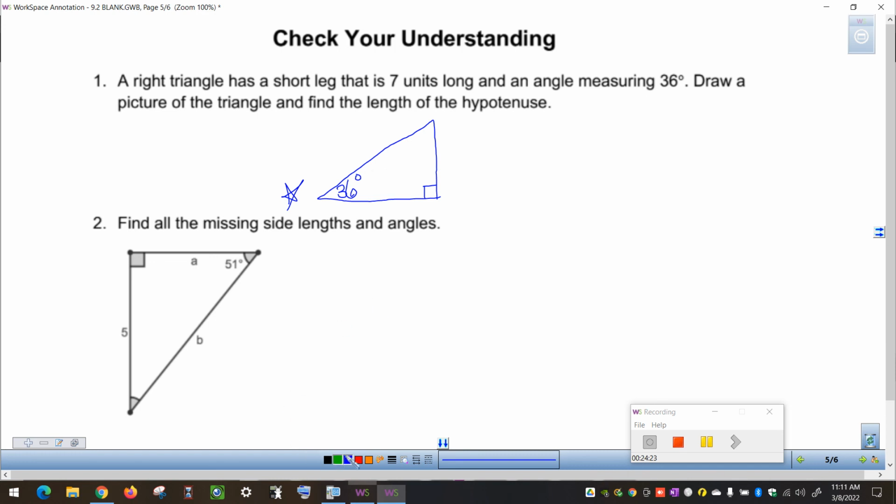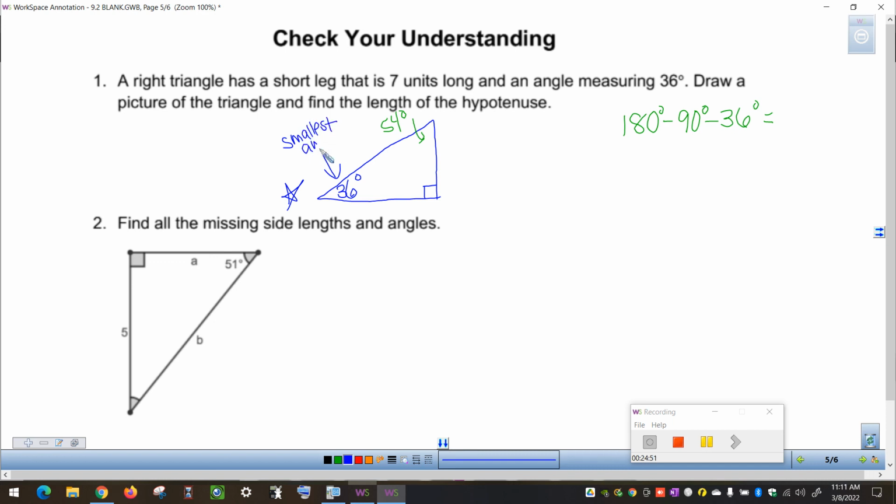Because if we think about subtracting from 180, we'll subtract our 90-degree angle that's a given because it's a right triangle, we'll subtract our 36-degree angle, and the resulting angle, I think it's 54, just double check that. Yeah, it's 54 degrees here at the top. So just by doing that quick check, we can see, okay, that's 36 degrees. This is our smallest angle.